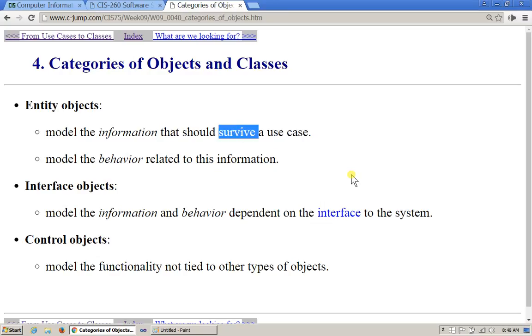For instance, if a user logs into the system, they specify their credentials, the system validates the credentials, and the system could create a session object for that specific user that is now part of the communication between the user and the system. That should survive and persist beyond login, so that they can proceed to other use cases, use the menus and other parts of the user interface to enter different use cases.